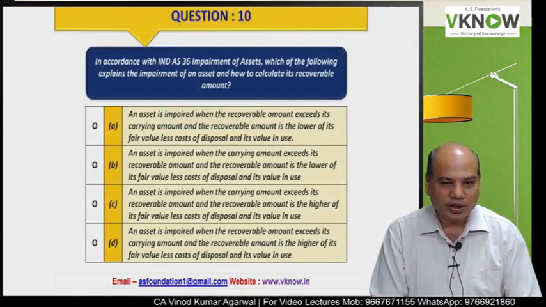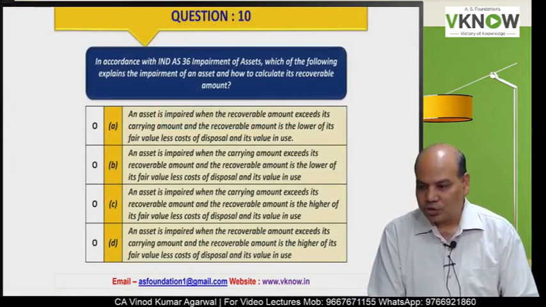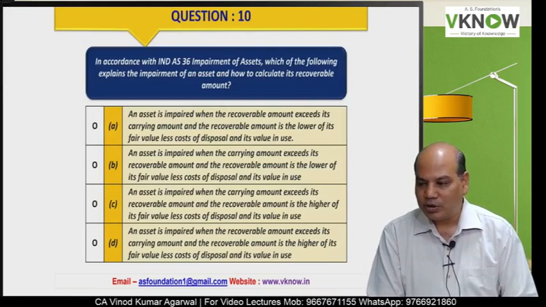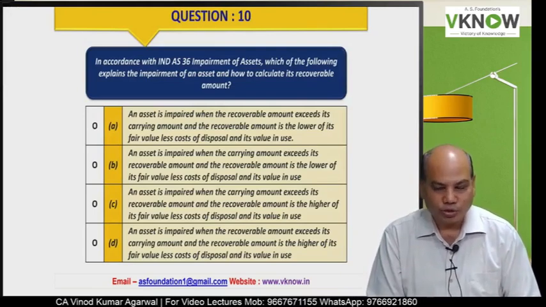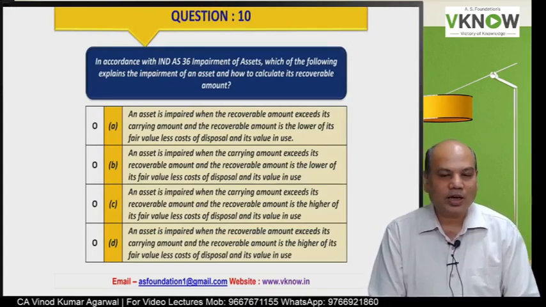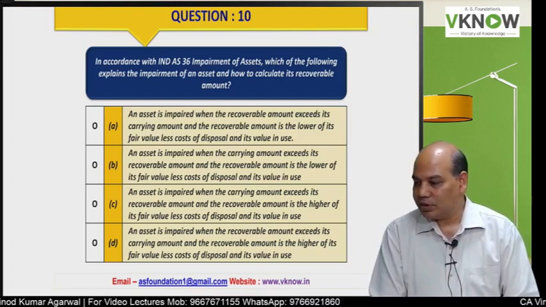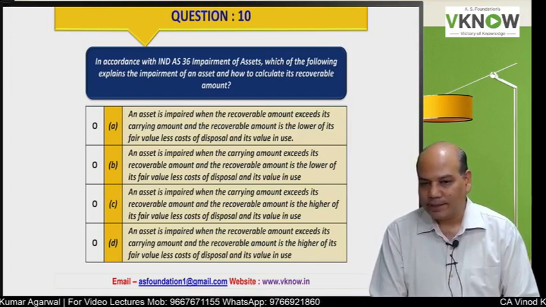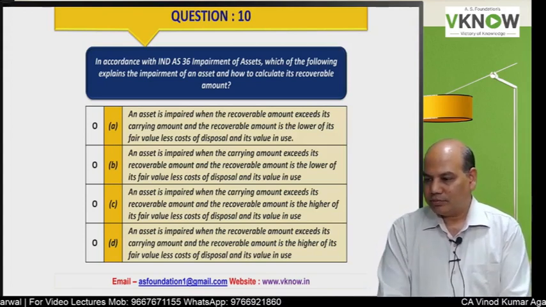One more question, number 10. In accordance with Ind AS 36, which of the following explains the impairment of an asset and how to calculate its recoverable amount? So you will first read the options and give me the answer. Yes, students, please try the last one. Question 10.